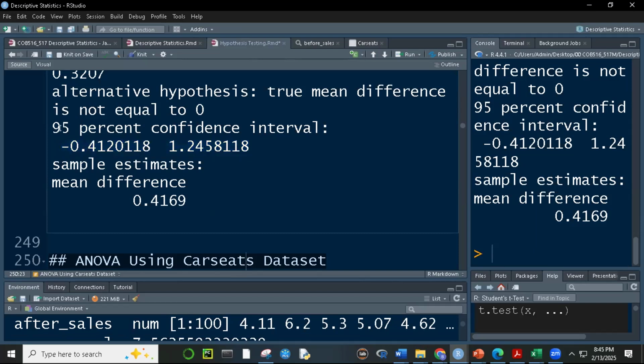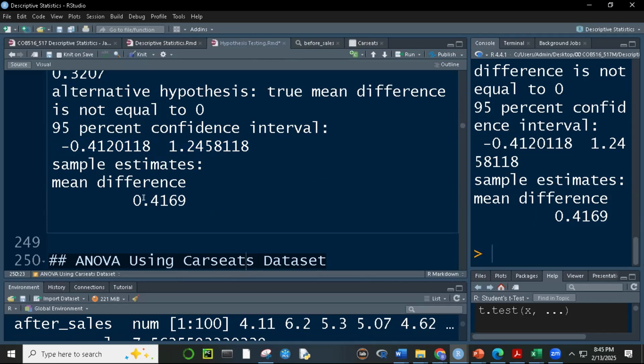We're 95% sure that the difference between the before and after could be from negative 0.41 to 1.24. And we know that 0 lies between them. Which means there's a possibility that the difference is 0, when you subtract before and after.